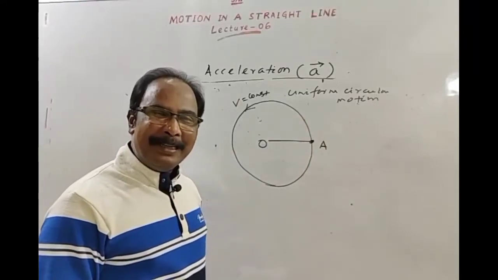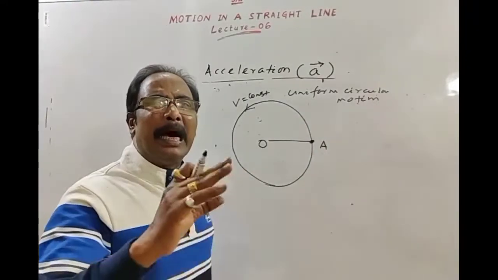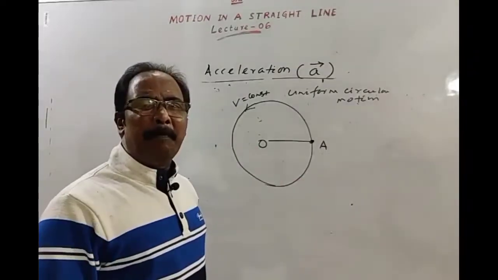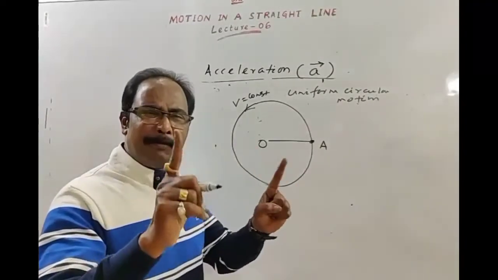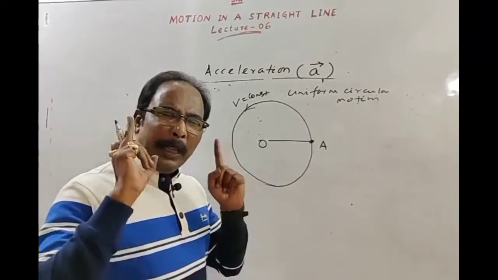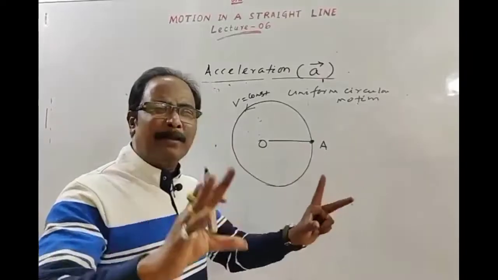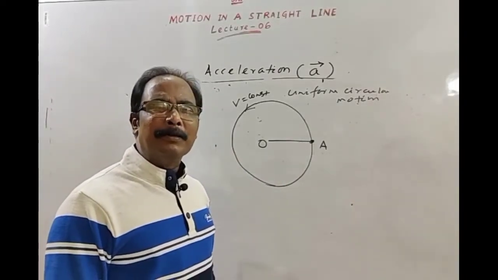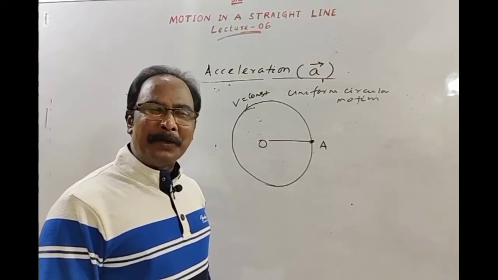This is a concept. If a body moves along a curved path, then to know the direction of velocity at any instant, at any position, we have to draw a tangent at the required position.